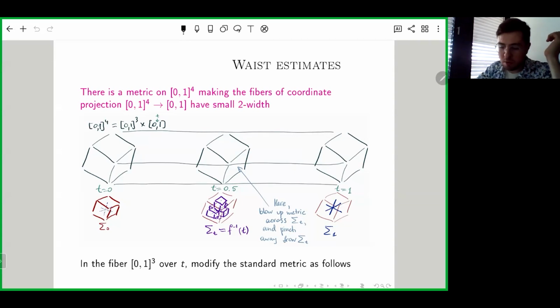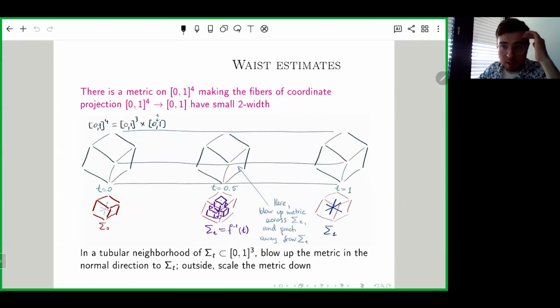And now I do the following. For now, each three cube had the usual Euclidean metric, but I'm going to modify it in the following way. I blow up the metric in the direction normal to this distinguished surface sigma, different for each cube. So it becomes hard to go in the direction normal to sigma. All distances become larger in that direction. I do this in an originally small tubular neighborhood of sigma.